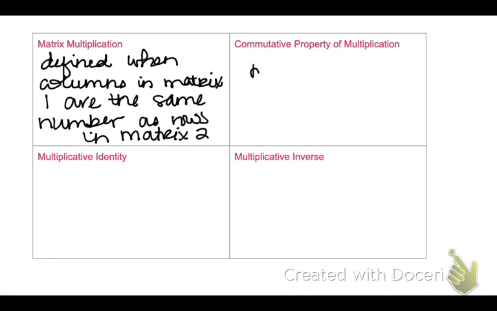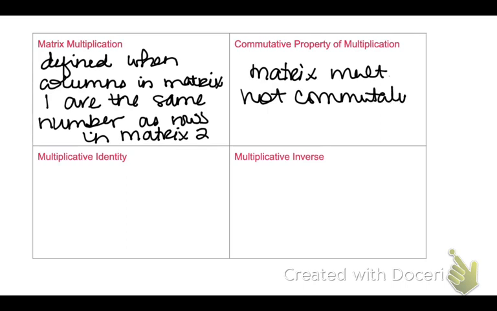Matrix multiplication is not commutative. I cannot change the order of two matrices and be able to get the same result. Because if I had a 2 by 3 and multiplied it by 3 by 4, that operation can be completed and it results in a 2 by 4.